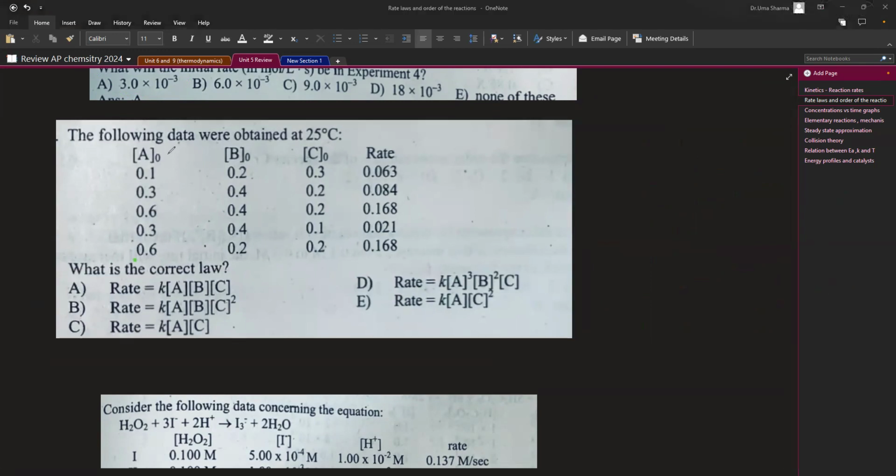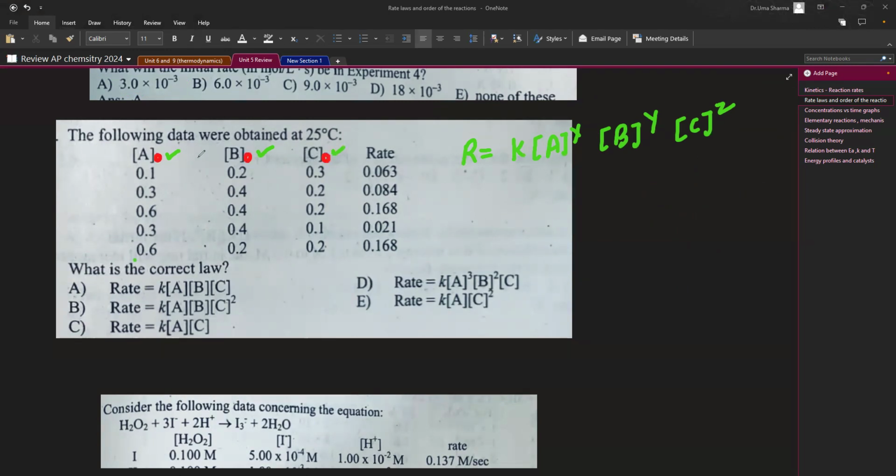So you see, these are the reactants, all 3. So rate law, assume the rate law: A raised to power x, B raised to power y, C raised to power z. How did you come to know that all of them are reactants? Because they have given the initial concentrations.